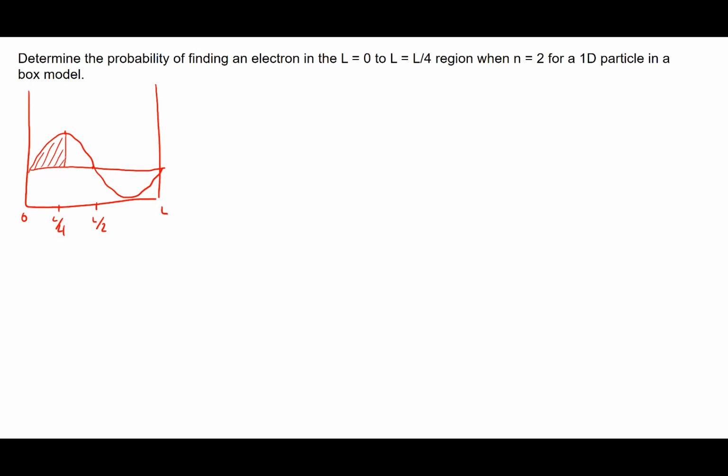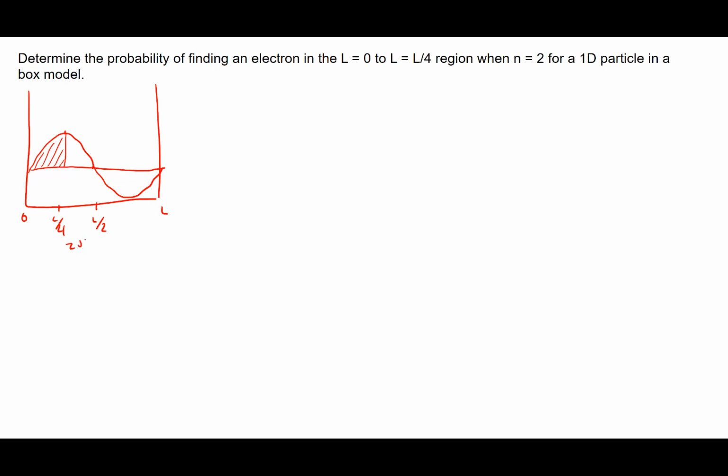So if you were to go from 0 to L over 2, then you have a 50% probability of finding the electron there, because it's half of the region. Now for L over 4, you're essentially going from 0 to that first peak, so you're going half of the half, and half of half is a quarter, so there's a 25% chance of finding an electron right there.